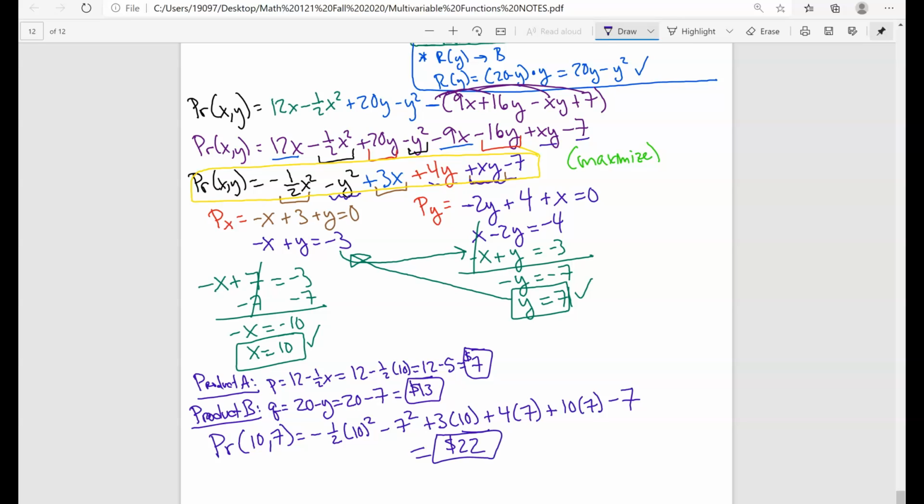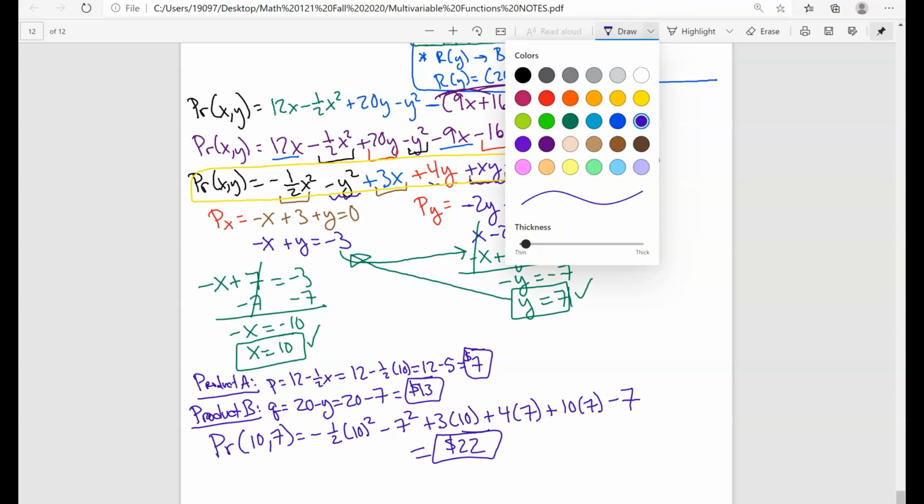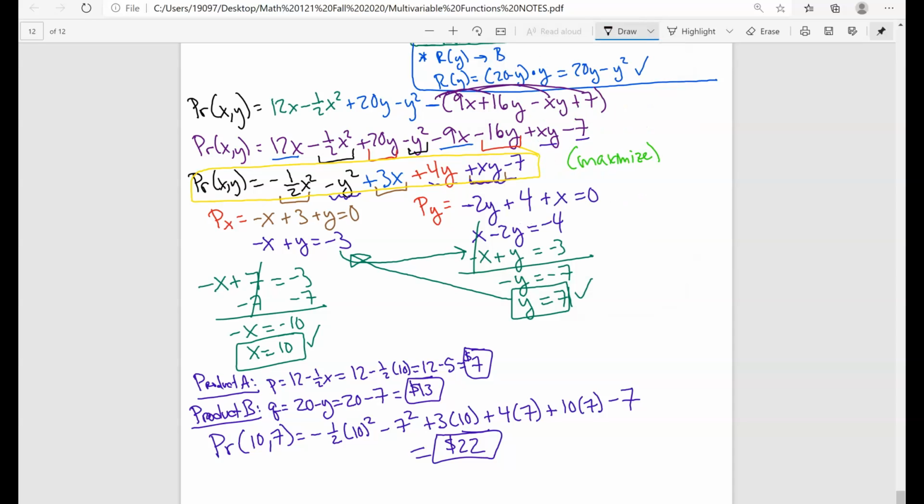Now we have to be very explicit about this because this is not $22. We're going to sell 10 of x and 7 of y. And remember, this is in thousands. So this is $22,000 of profit. This one is going to be $13,000 in profit.